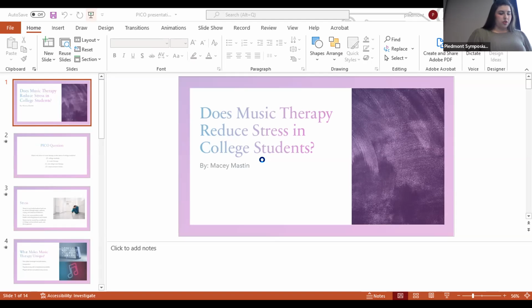So my first article studied the combined effects of music therapy and aromatherapy. I know it's not completely just about music therapy, but it also incorporates aromatherapy. This can show that there are different things we can do to decrease stress that aren't medications or therapy.